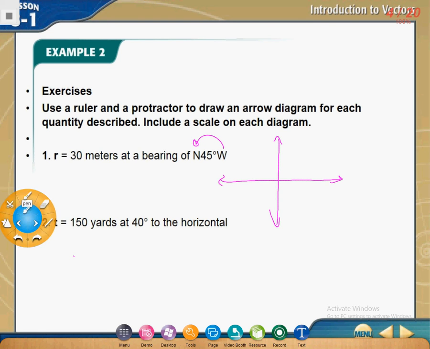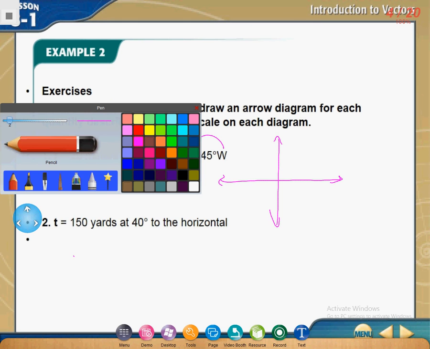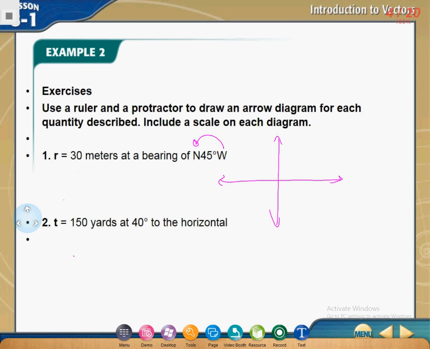Can you tell me from where I have to start? I have to start from north going to the west. This is the west, this is the north, east, and south. So I have to start from north going to west with an angle equal to 45.